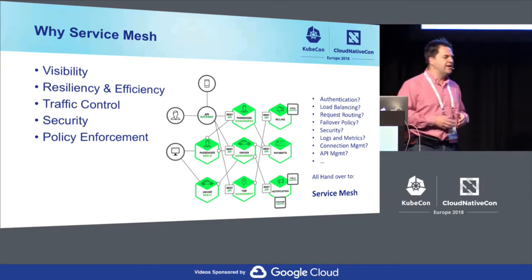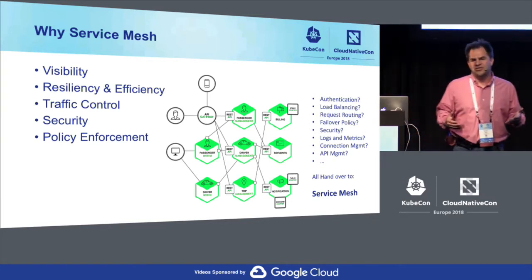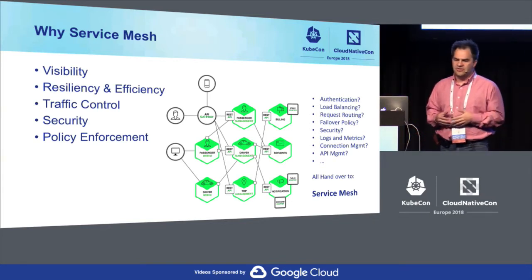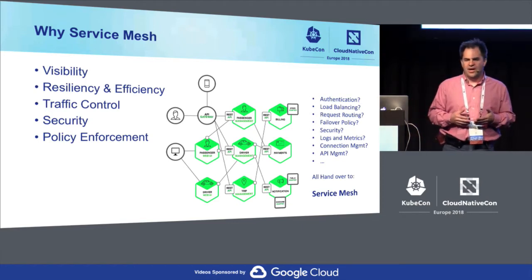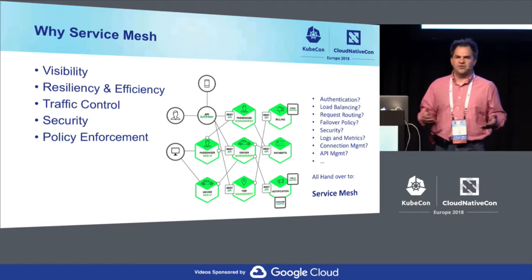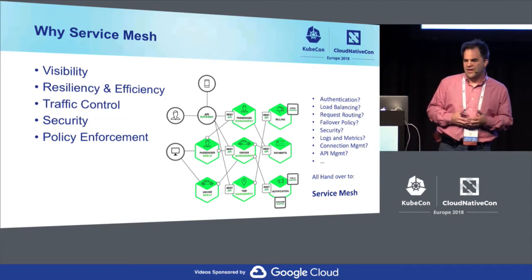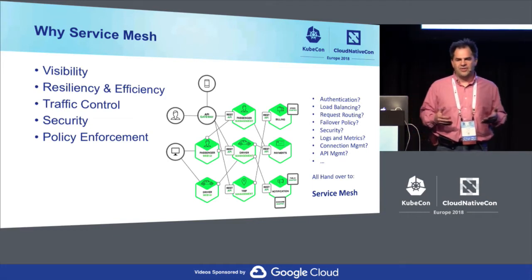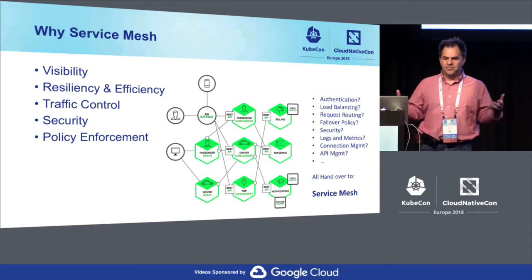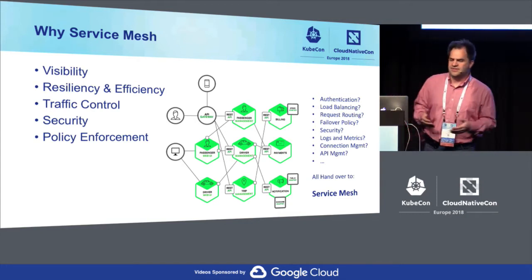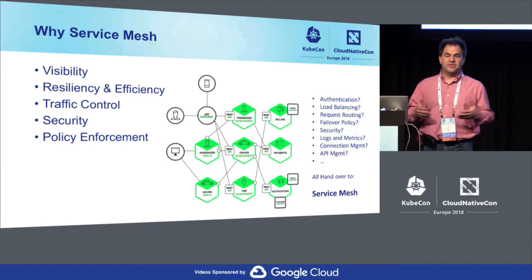So obviously people have been routing traffic in their environment across various applications for a long time. With microservices, with a larger number of components and a more elastic, agile environment, this is becoming increasingly complex. So one of the key benefits of a service mesh is being able to take control.